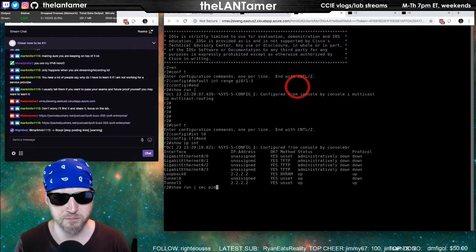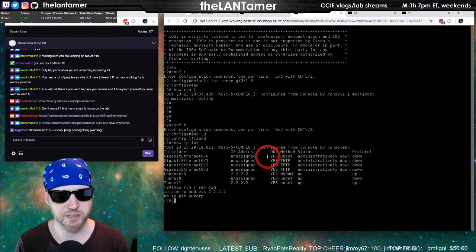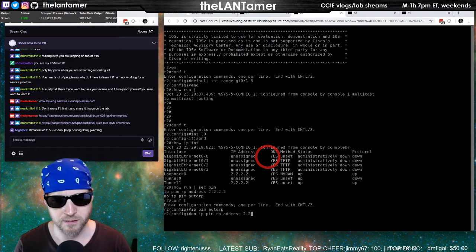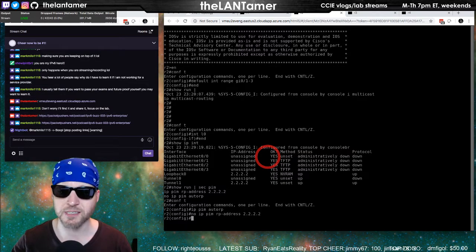Can we do PIM as a section? We can. So we need to enable IP PIM RP address. We don't want that. So this is actually to contrast what we did in the last lab.